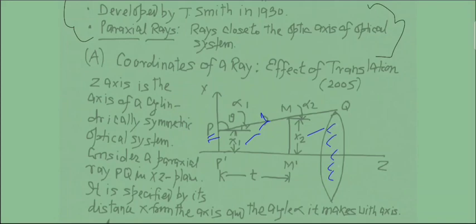This is your length Q, and this is your T, meaning the distance traversed by this ray PQ from point P up to the point M. When we take the z component of that distance, it is equal to small t.